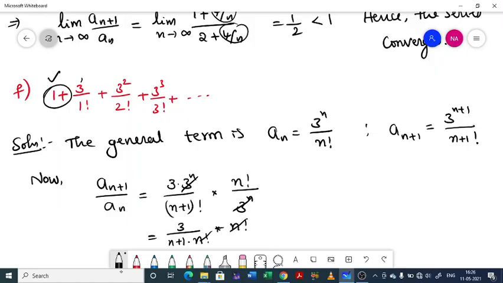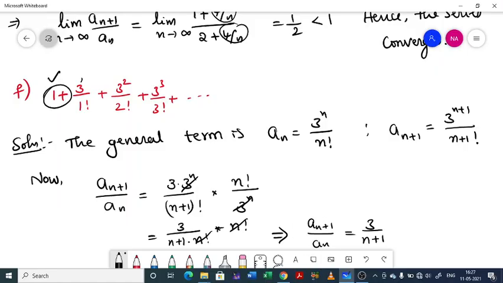So n factorial gets cancelled, and we remain with 3 by n plus 1. So a_{n+1} divided by a_n equals 3 divided by n plus 1.